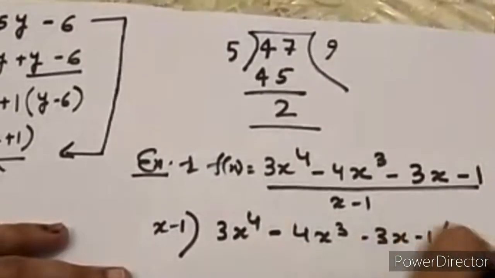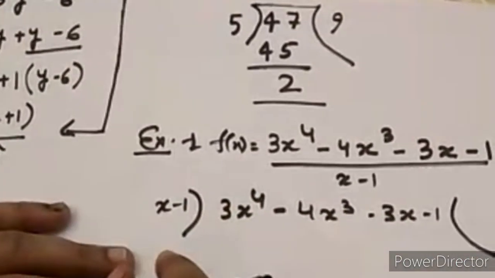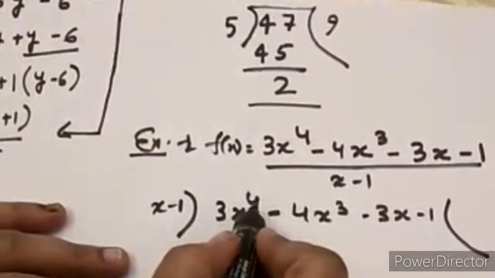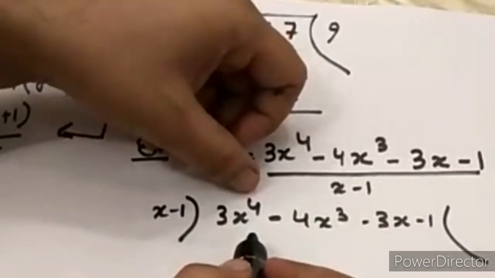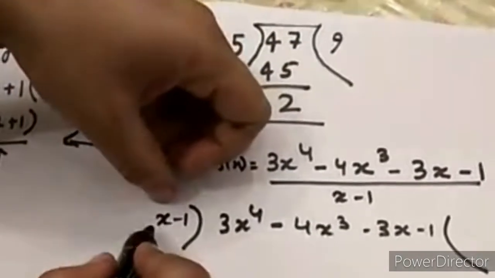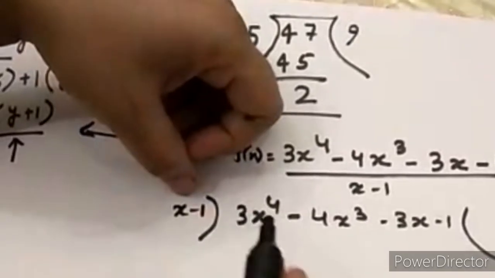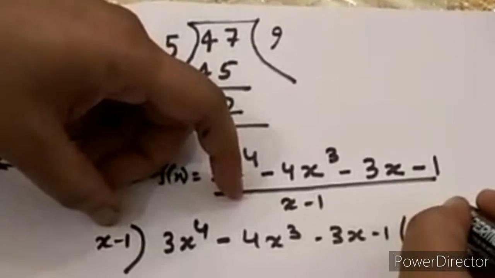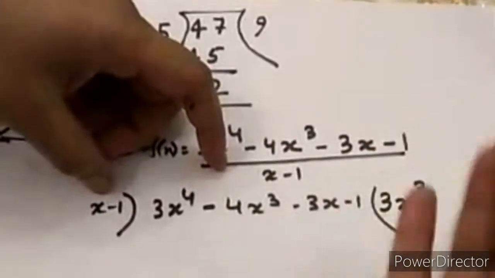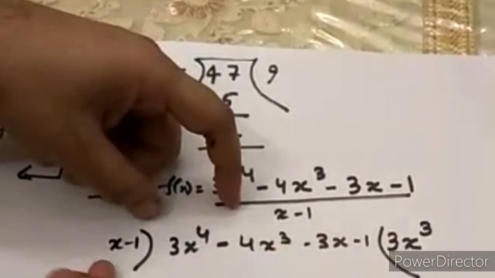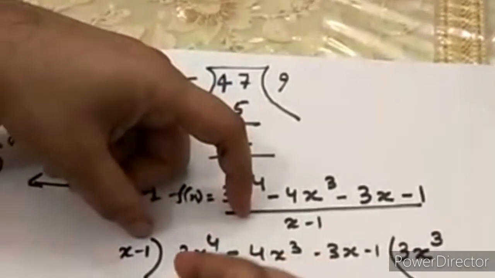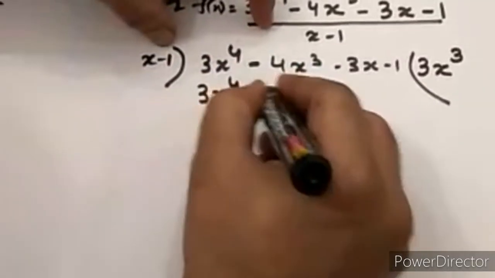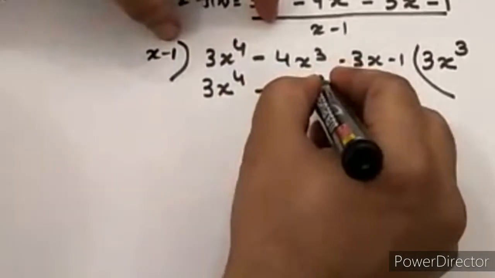Now the first operation will be to simply equate the power. Meaning in the first term your power is x to the power 4 and here the power is 1. So if we multiply 3x cube with x minus 1, what will we get? It will be 3x to the power 4 minus 3x cube.